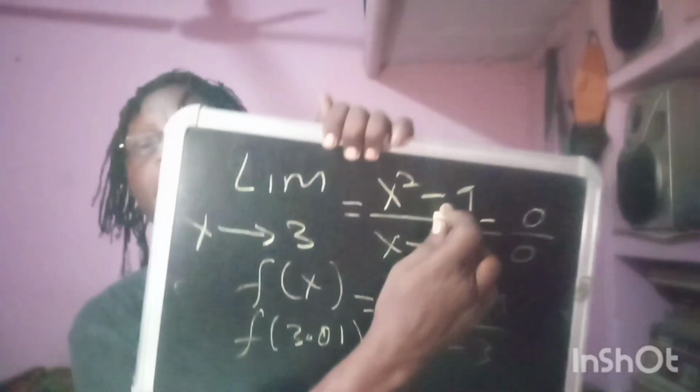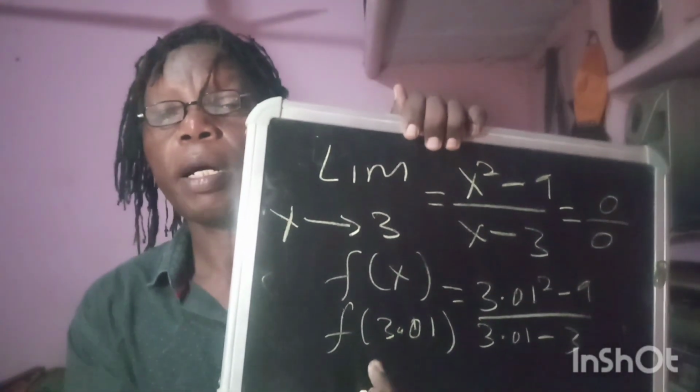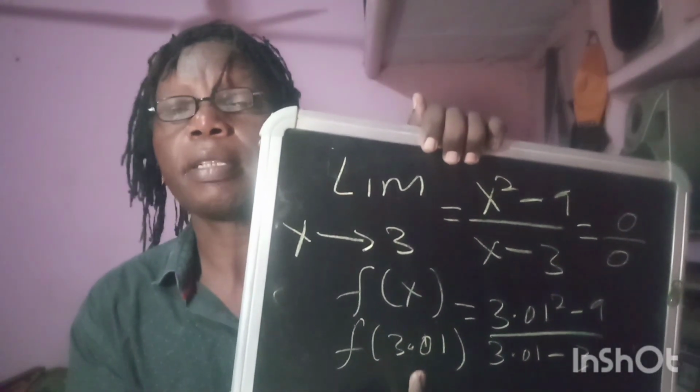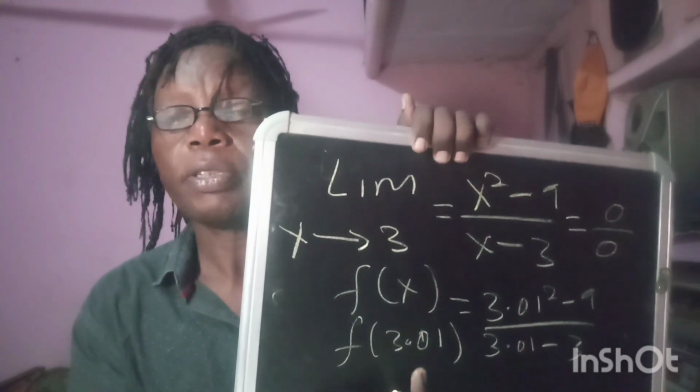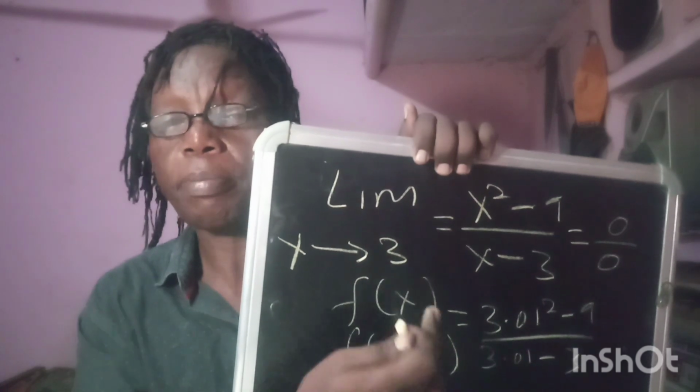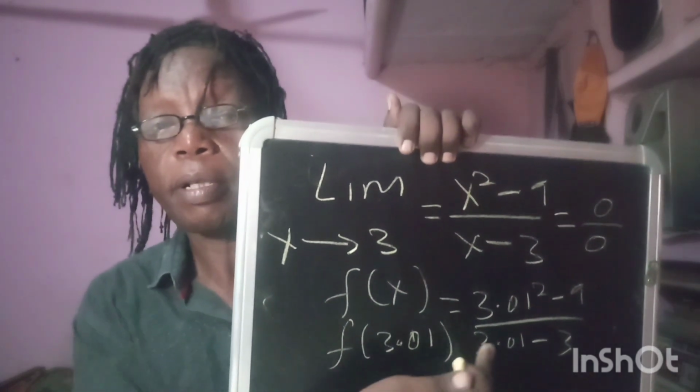According to this expression, we are doing this. So we have plugged in a value which is even closer than 3.1. Now we have plugged in 3.01 instead of the previous one. Now we're going to do the maths here.